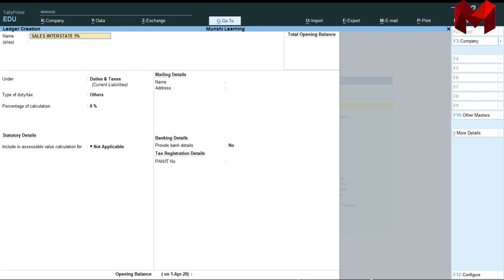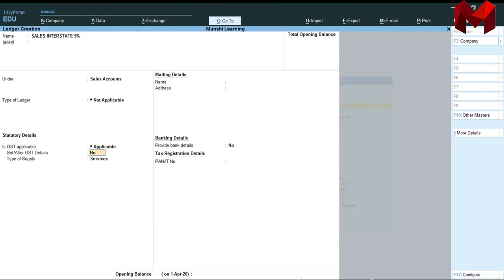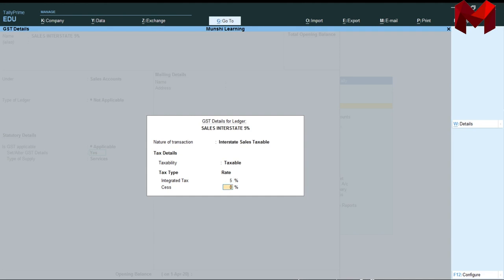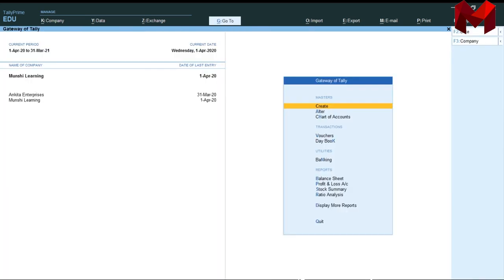Interstate sales taxable, rate is 5%. It's our goods. The rest of the item masters are already created; we were dealing in ladies footwear, oh sorry, ladies bags.